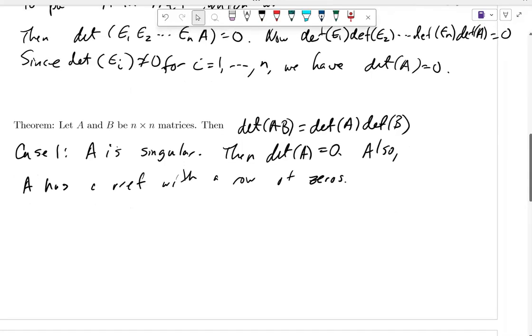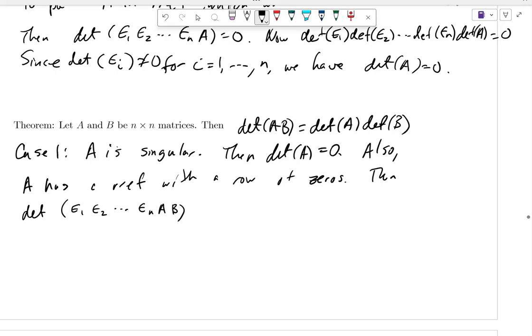So, again, if my E1 to En is that sequence of row operations that gives us a row of zeros, what's the determinant of this going to be?